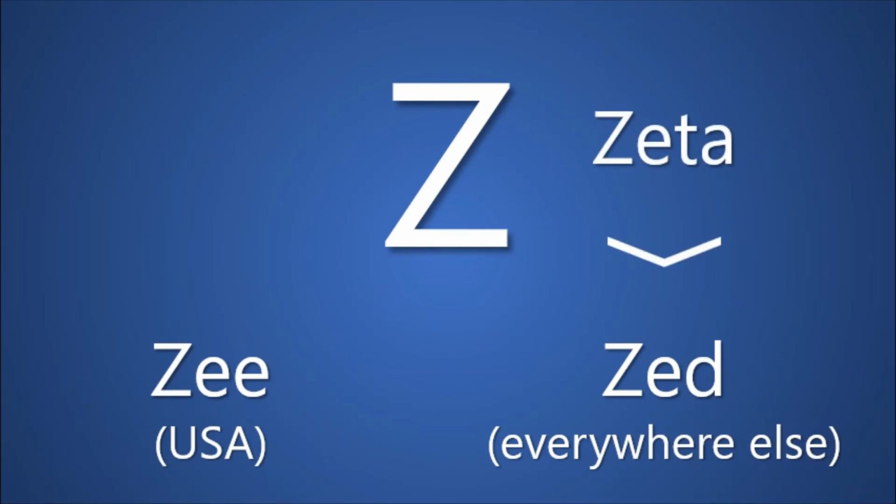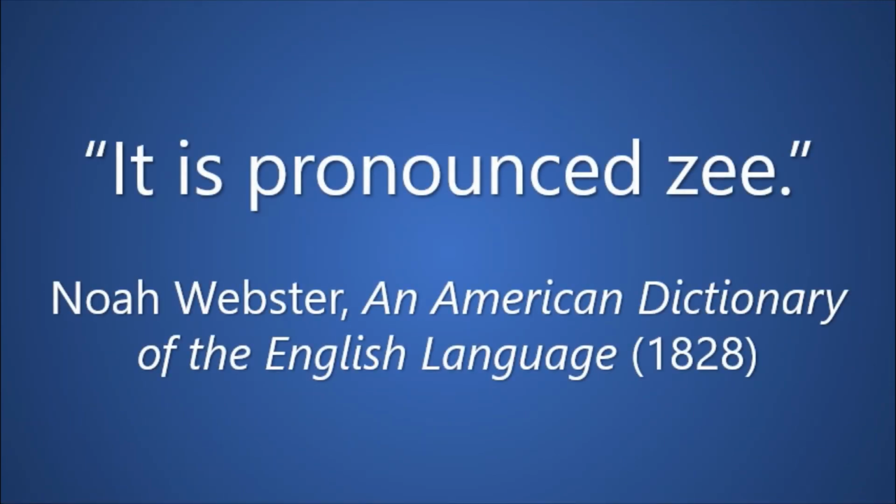Z is a modified name for the letter, created by analogy with other letter names that end with the long E vowel. The reason why it's used in America is because Noah Webster, the American spelling reformer, wrote in his first dictionary, "It is pronounced Z." But Z never took off anywhere else.